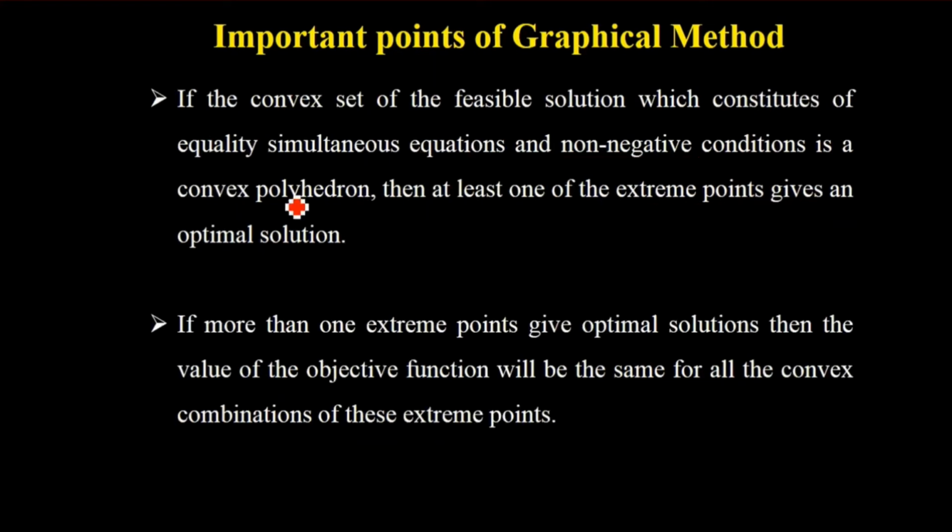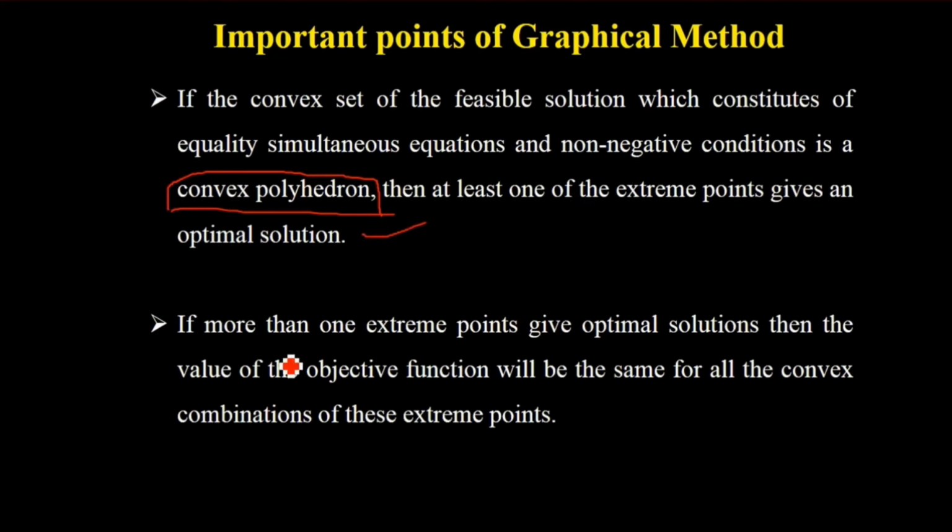Next, if the convex set of feasible solutions, which consists of simultaneous equations and the non-negativity condition, is a convex polyhedron, the names are different, so just see the name, it is important. Then at least one of the extreme points gives an optimal solution.